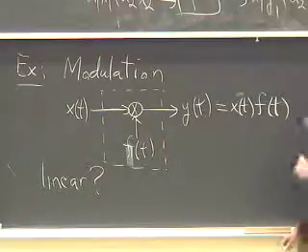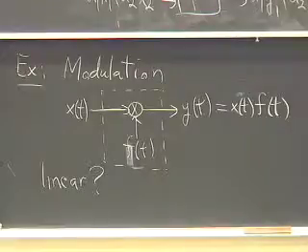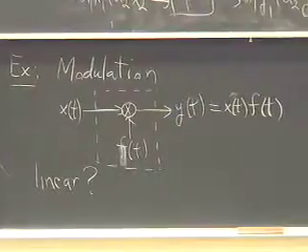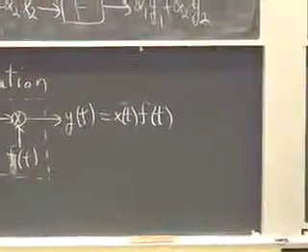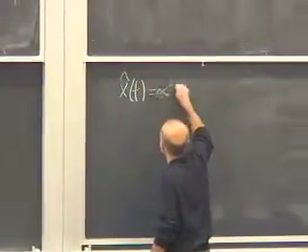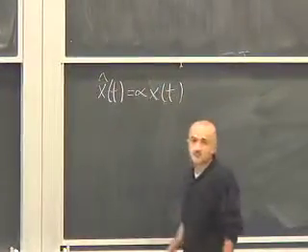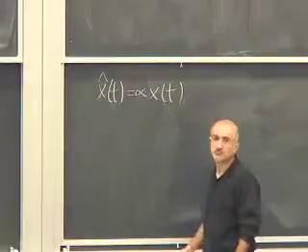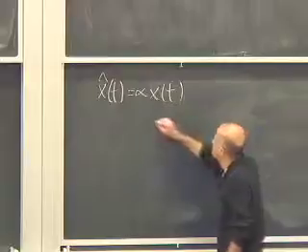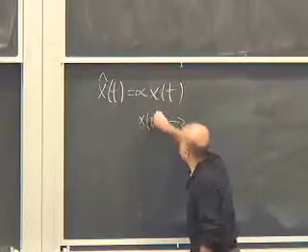Jason. Okay, is it scaling? That's usually an easier one to check. So what happens when you scale the signal x? So let me define a new signal x hat, which is alpha times x. So x hat is going in.